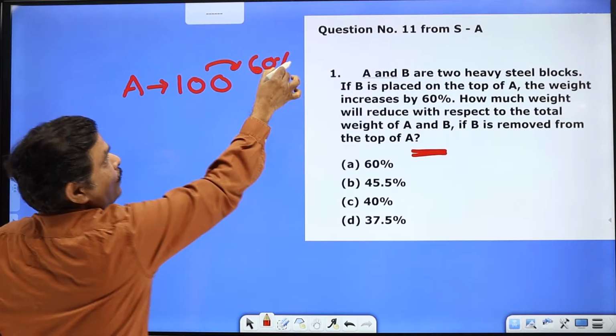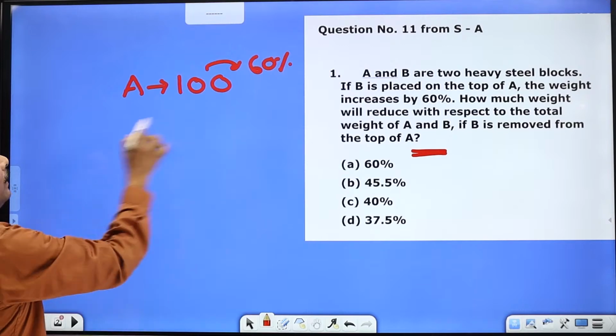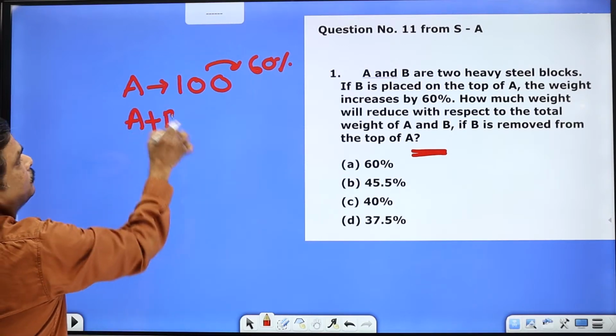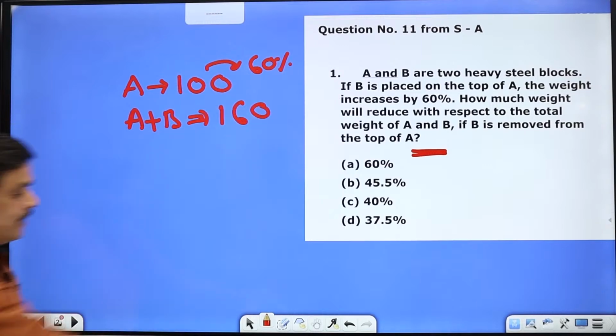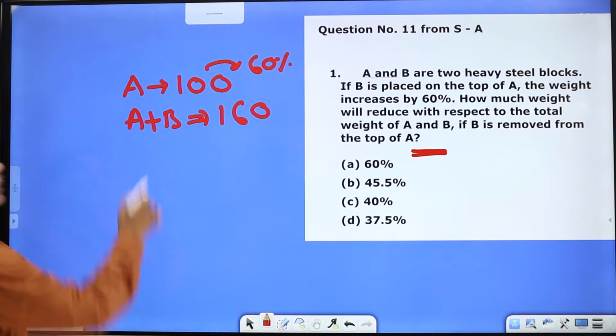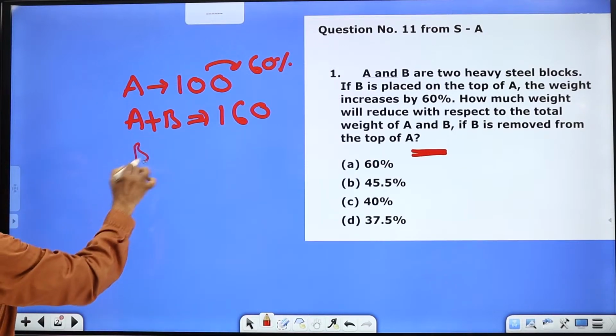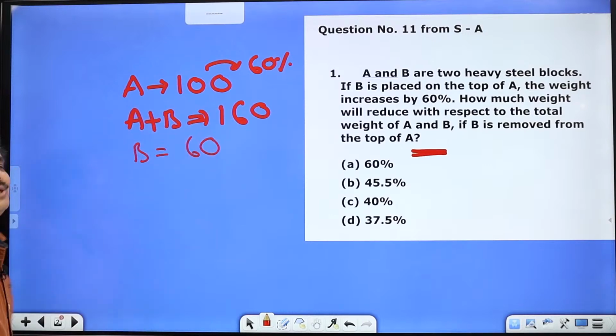Increased by, what do you mean by this one? 100 plus 60% of 100, that's nothing but 160. Then A plus B will become 160. Okay, then after that they have given something, but before going for that one, A plus B is 160, so B's weight is 60, I can take.